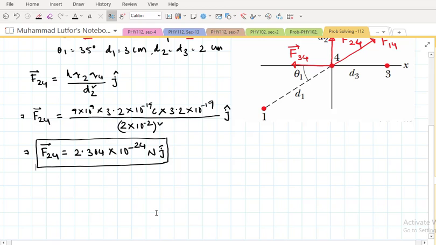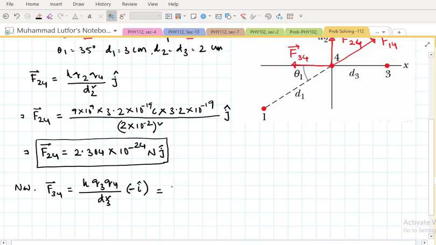Fine. What about F34? F34 would be K Q3 Q4 divided by the distance D3 squared, and F34 will be towards the negative X direction, so I'll write minus i hat.